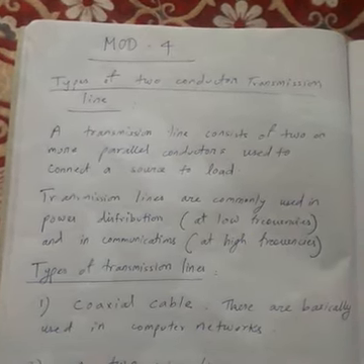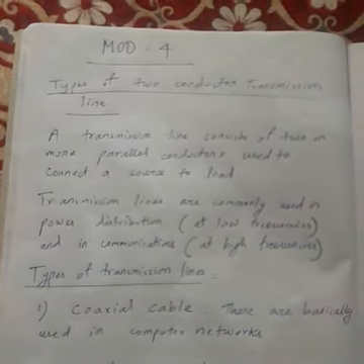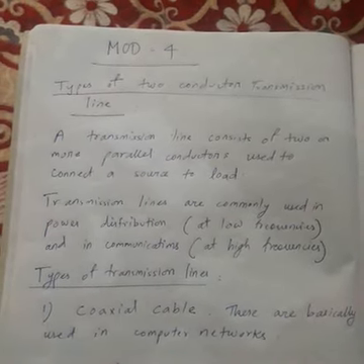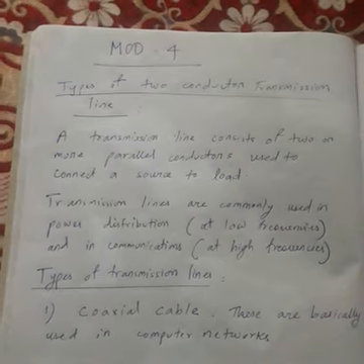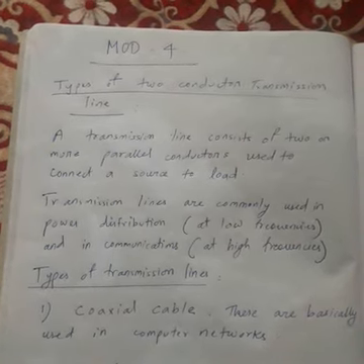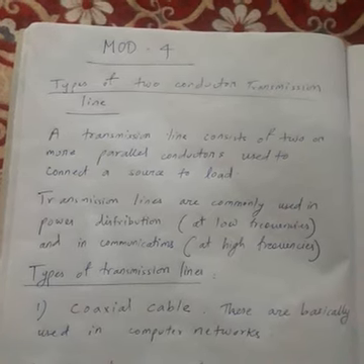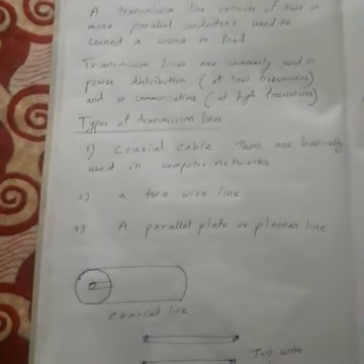Now for power distribution, the distribution is done at low frequency, and in communication the distribution is done at high frequency. Because for power distribution you require higher power, so at low frequency you have to supply the power. In communication circuits you require high frequency to be caught by the electronic instruments.